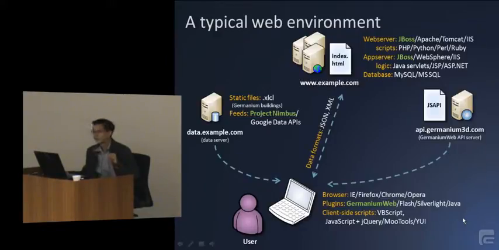Okay. Besides your website's own data in its own database, you can also pull data from elsewhere. So for example, if you are developing your own application and using our office building, you can actually pull the office building from our germanium3d.com server. Okay, so this is just a simple static file. Okay, instead of static files, you can also have more intelligent feeds where you can actually ask for information.